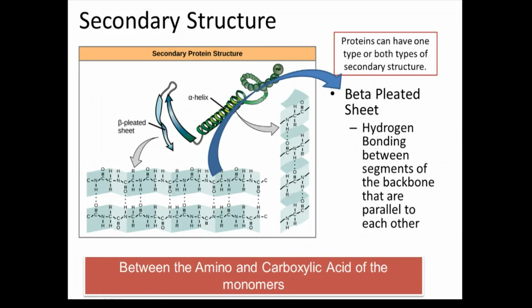Now, proteins can have one type or both types of secondary structures in the overall structure of the protein. Keep in mind, hydrogen bonds between the positive amino and negative carboxylic ends of the monomers. That is what causes secondary structure.